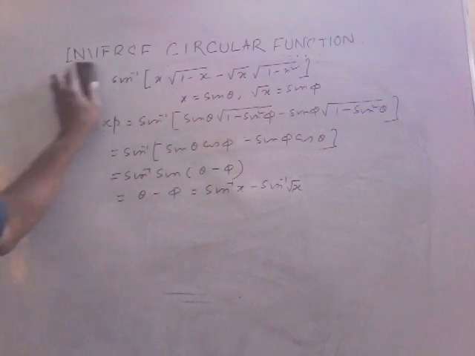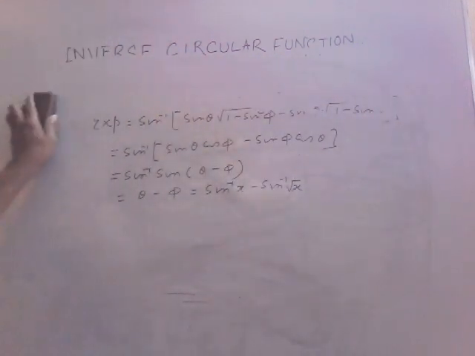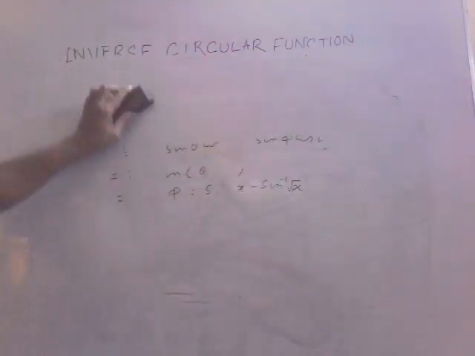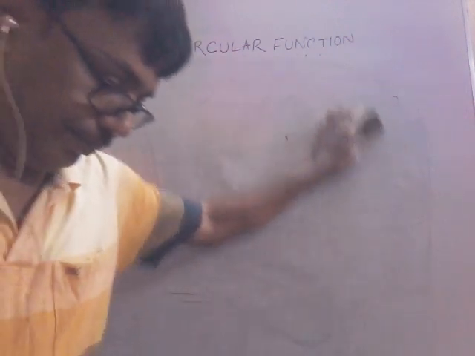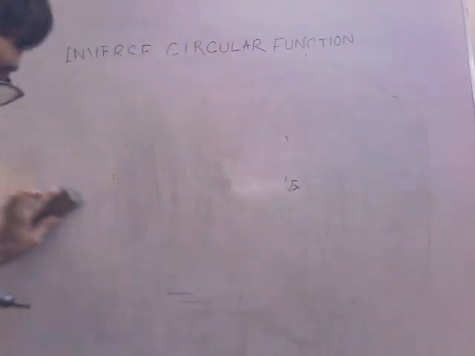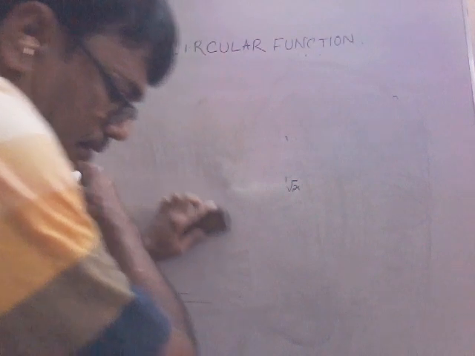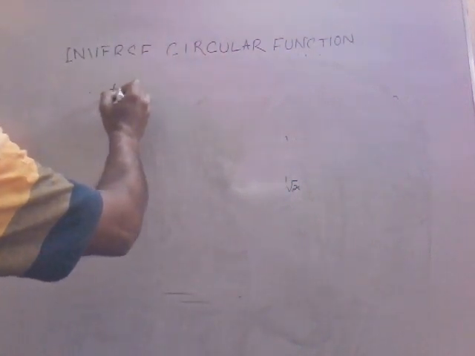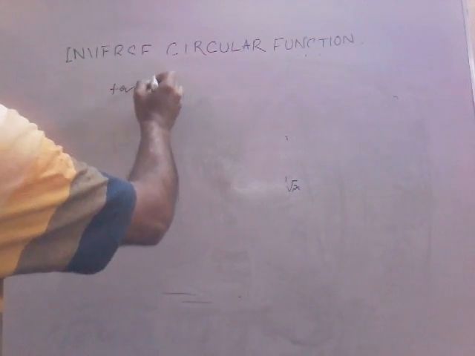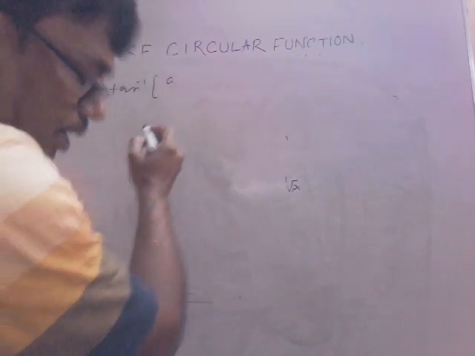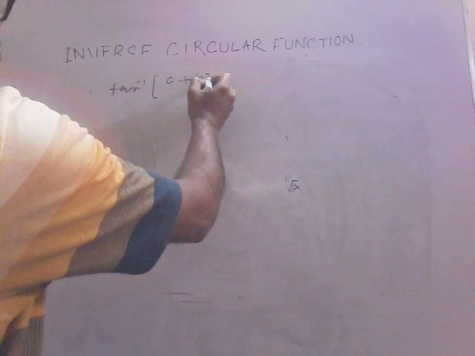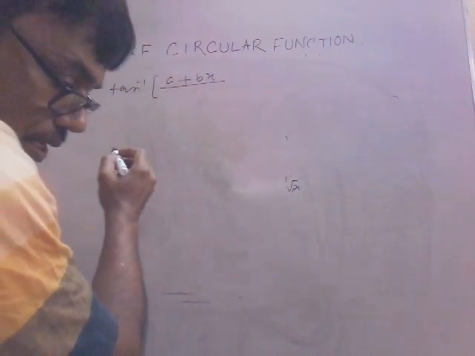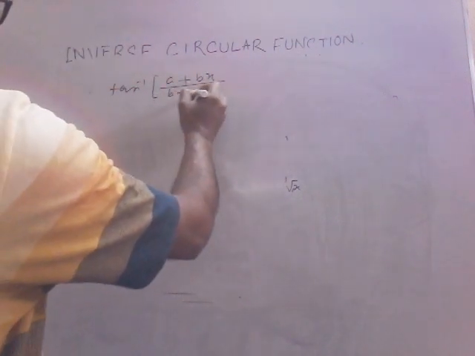Next problem. Simplify tan inverse of a plus bx by b minus ax.